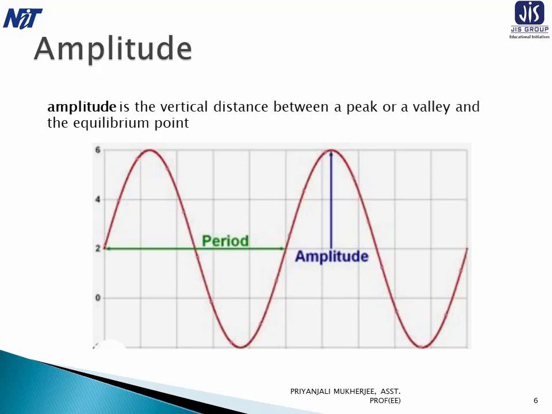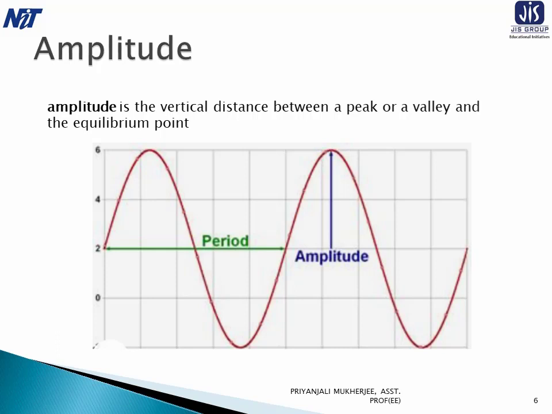And next are the time period and the frequency. The time taken in seconds by the alternating quantity to complete one cycle is known as the time period or periodic time, and periodic time is represented by capital T, whereas the number of cycles completed per second by an alternating quantity is known as the frequency, and it is denoted by F. In the SI system, the unit is the hertz, and 1 hertz is equal to 1 cycle per second.